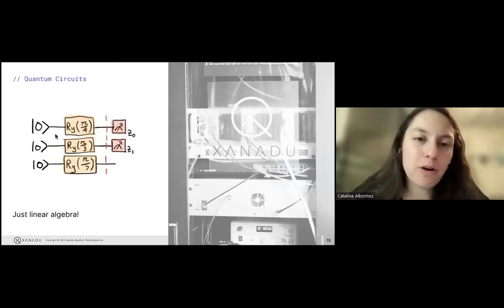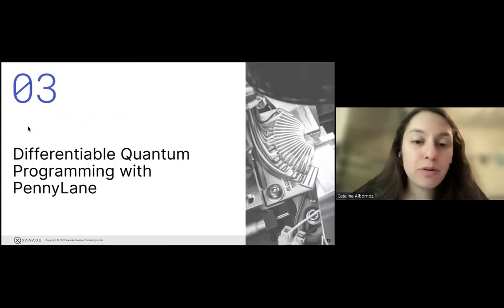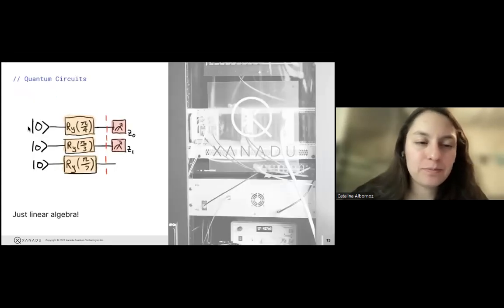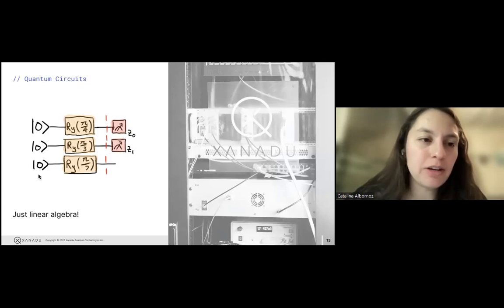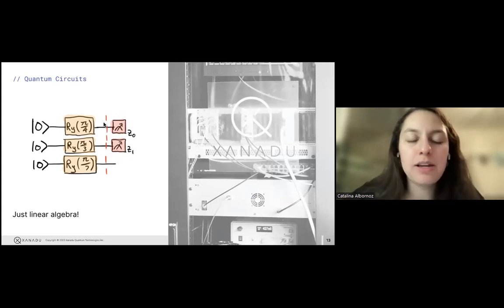This is super motivating, because I know that you have really understood everything. Now we're going to talk about differentiable programming with PennyLane. You may have seen, I hope, a quantum circuit before, right? You have some initial state, which is basically just some vectors, and you have some gates, which are some matrices.